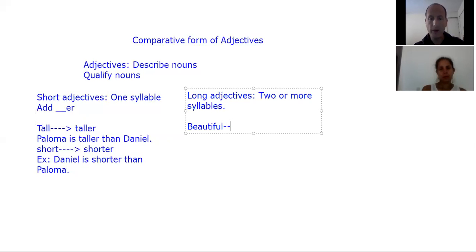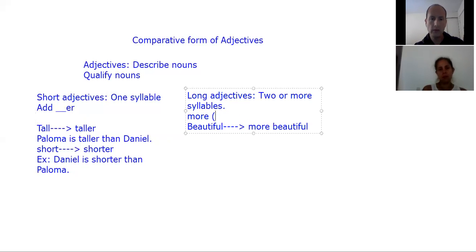So in that case, the comparative form is not beautifuler. You use the word more. You add the word more before the adjective: more beautiful. It means that when you have long adjectives, that is to say, two or more syllables, you put the word more plus the adjective.